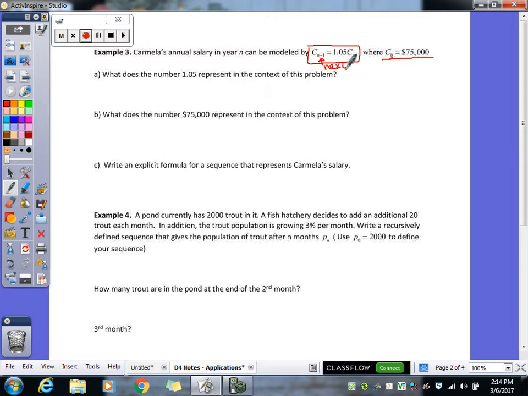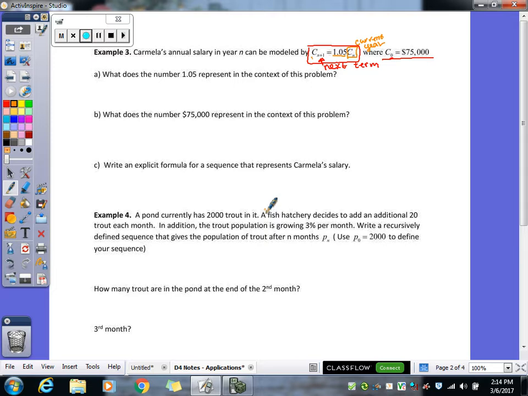That refers to our next term, which in this problem is our next year. So they want to know, what does the number 1.05 represent in the context of this problem? Now this is a recursive formula, so this just means the current year, because it's just n. So to find the next year, you're taking the current year times this 1.05.